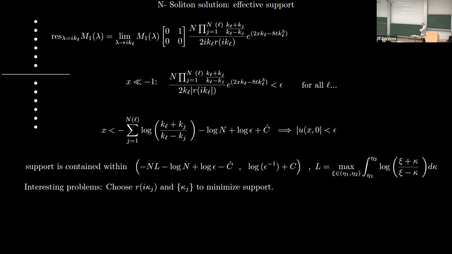So now some interesting problems. I promised I'd mention some interesting problems. Can you choose these residue conditions, these R's, and also the distribution of kappa j's to minimize this support, right? Is n actually the right scaling, or is there a way to choose them so they're really closer together as n grows?